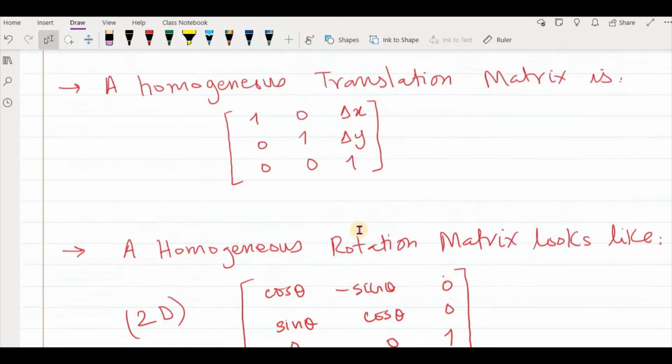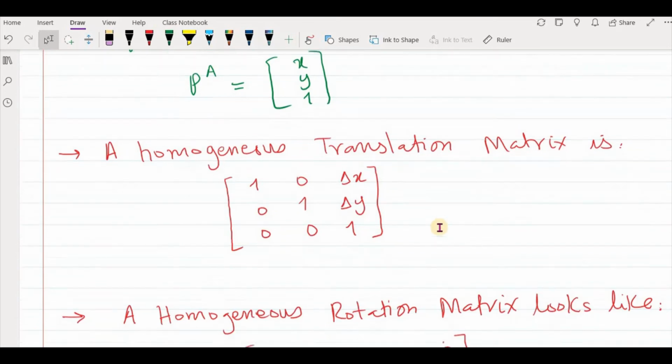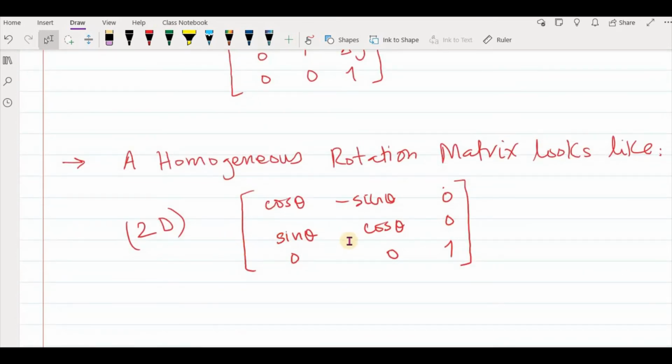Okay, now it's correct. So this is the homogeneous translation matrix, and this is the homogeneous rotation matrix. And now the question is, how we can combine these two, rotation and translation, into a single matrix. So let's see how we can do that.